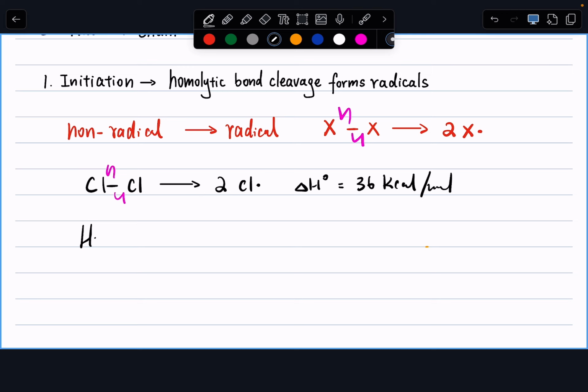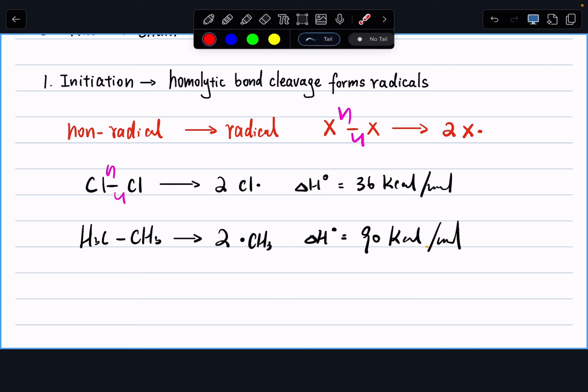Alternatively, the breaking of an sp3 CH3-CH3 bond to form two CH3 radicals, the delta H naught is about 90 kilocalories per mole. So what does it mean?